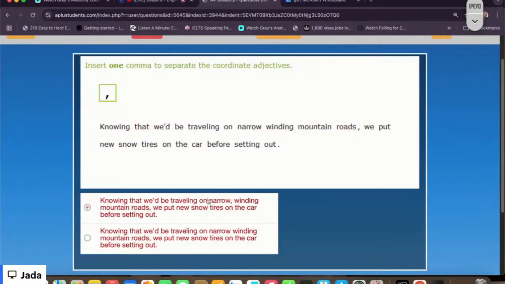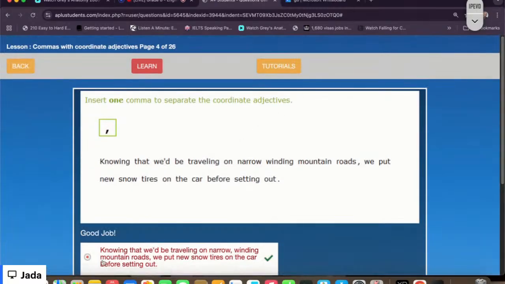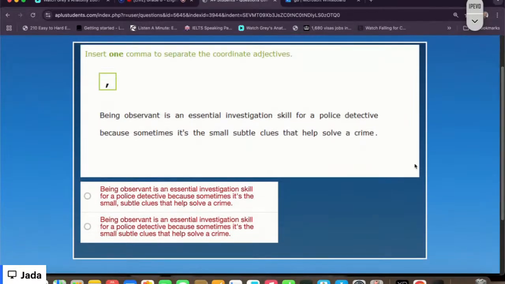So we have the first. Being observant is an essential investigation skill for a police detective because sometimes it is small, subtle clues that help solve a crime. First or second?